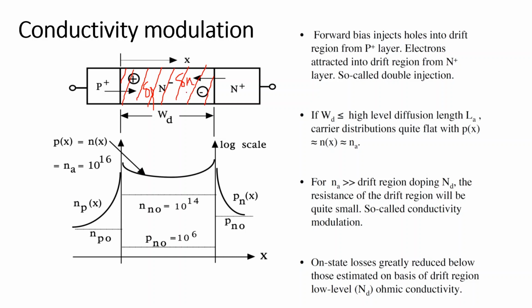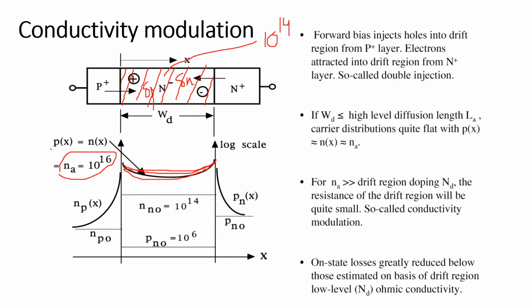Earlier the density of free charge carriers here was 10 to the power 14, but now the density is much larger than that. It is approximately equal to Na or 10 to the power 16. So here we get a flat profile of free charge carriers with distance. It is almost flat with a small dip in between.